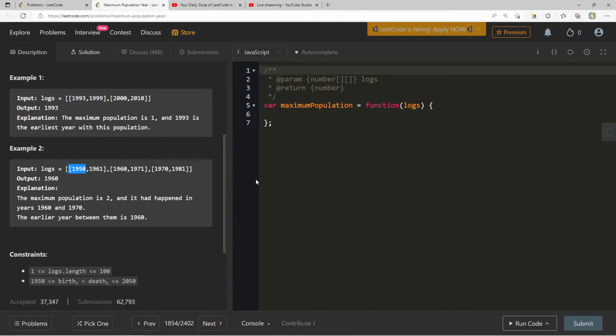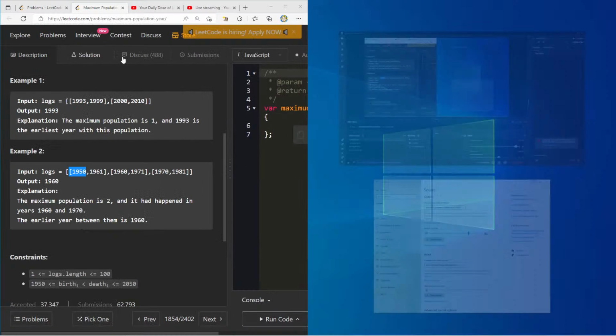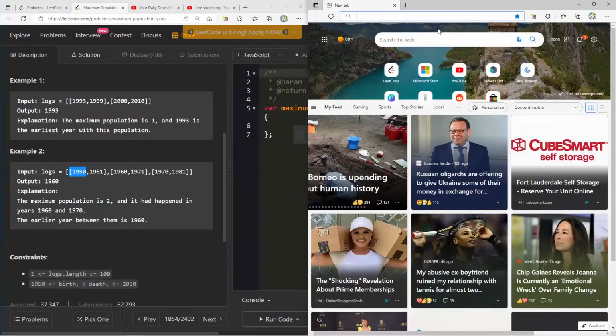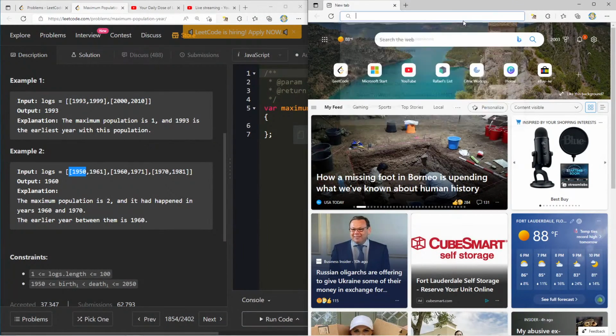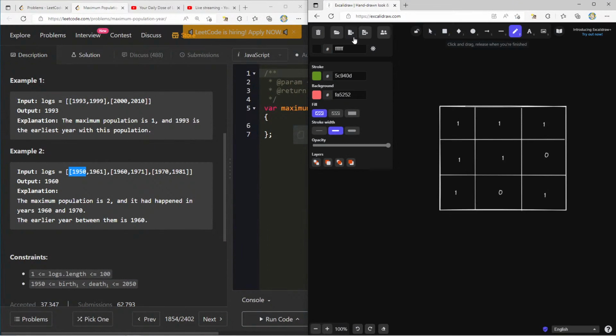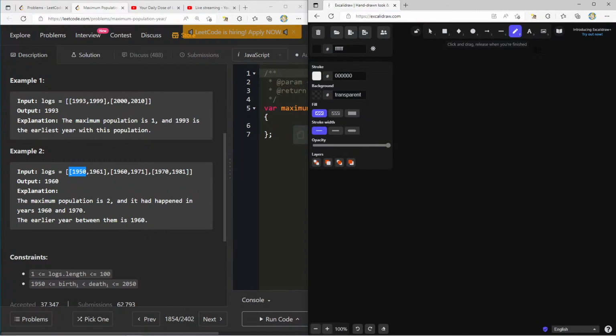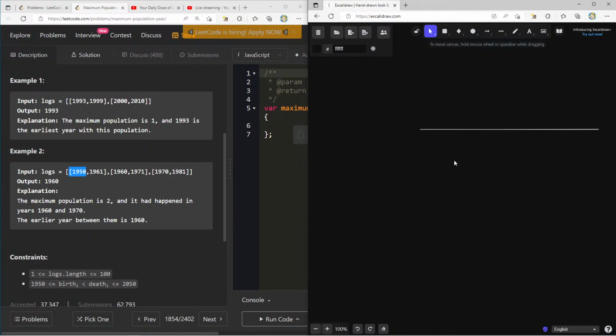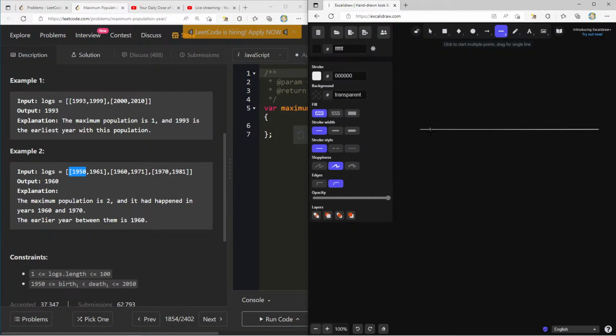So I think this is a really good question for us to draw out. There's really no point in me trying to do this just off the cuff like I was going to try and do now. Let's use Excalidraw, our favorite tool here on LeetCode Live. And I wonder how we can normalize this. Well, let's just make it a standard line and start drawing a little bit. Let's get ourselves some points. 1961, let's say. This is like 1960.